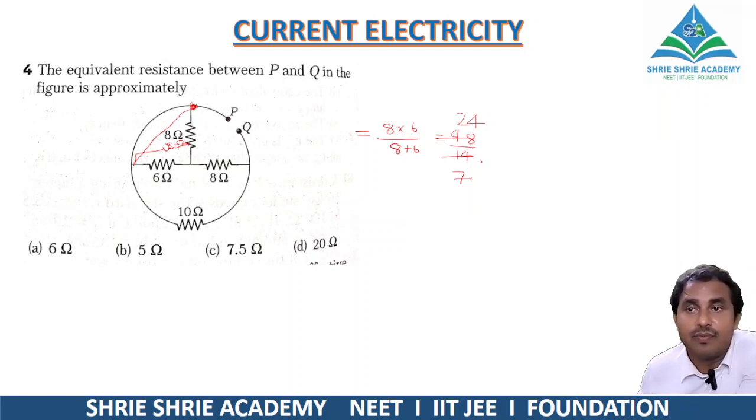Now 24 by 7, you can just divide this one, 24 by 7. So you get 3.4, since 7 times 3 is 21, and 7 times 4 is 28. Then these two become a series connection, right?